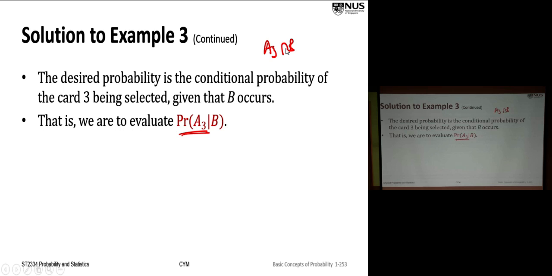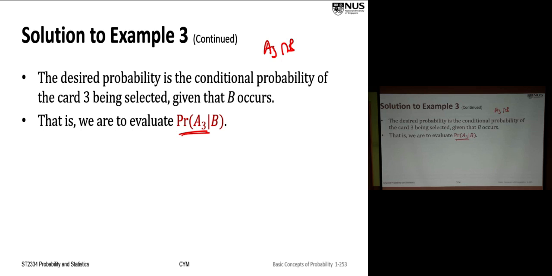This is the same as, what does that mean? B means that the upper face is red. So we are asked, if you see the upper face is red, what is the chance that the bottom one is black? Which is the same as saying that A3 is being chosen. You have to know what we're trying to do. I identify events, which card?